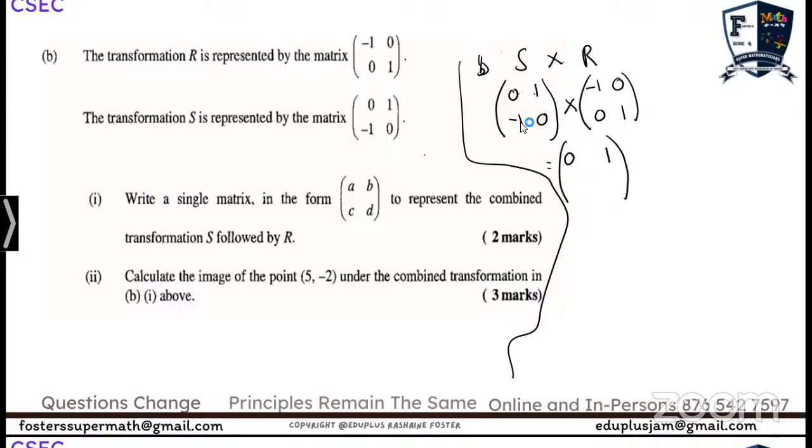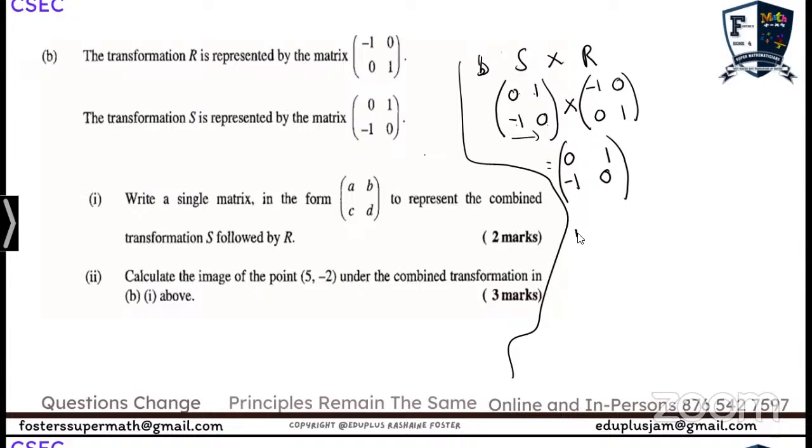Then -1 times -1 gives me positive 1, plus 0. Then -1 times 0 is 0, 0 times 1 is 0. So that's the matrix that represents that combined transformation.